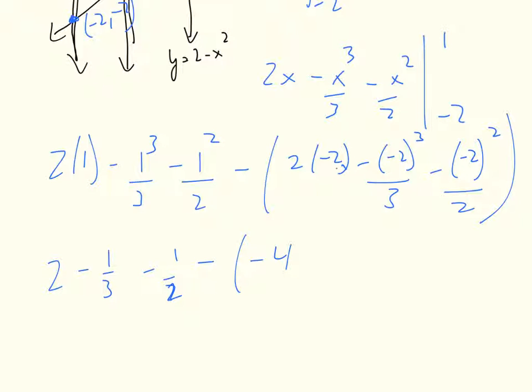We have negative 4, we have negative 8 thirds, that's going to make that positive, sorry about that, and minus 2. Again, 2 minus a third minus a half plus 4 minus 8 thirds plus 2 ends up giving us 9 halves as our final answer.